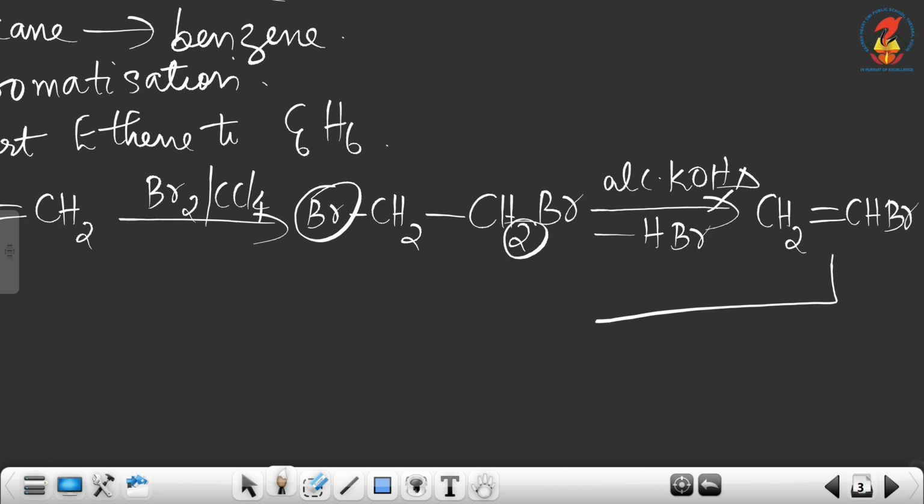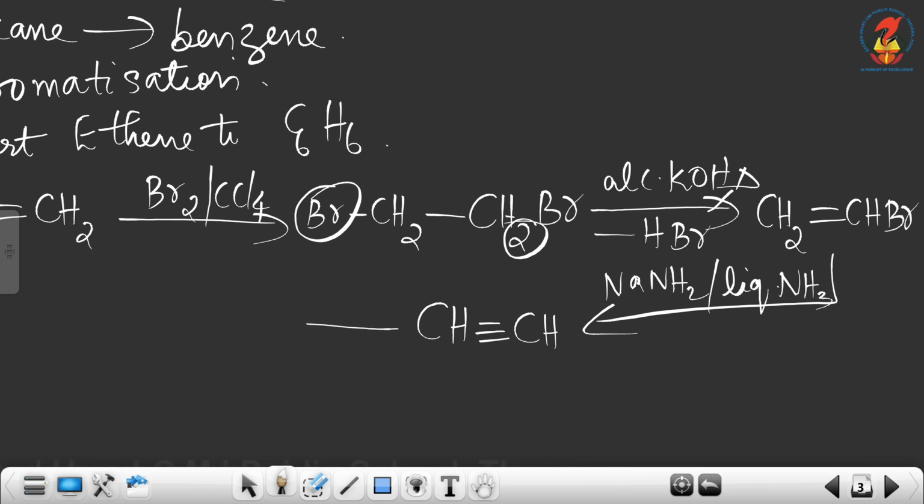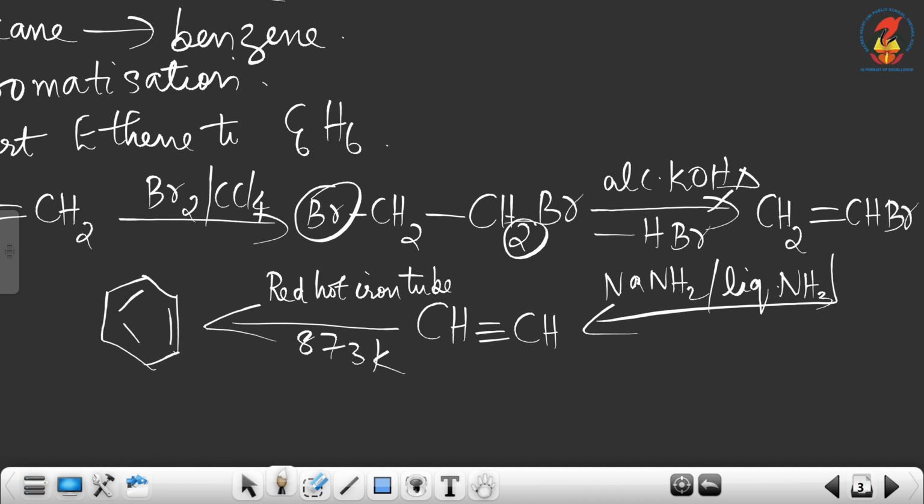Now, next you treat it with sodamide and liquid ammonia. This reaction you have learned under alkenes. To convert this alkene into alkyne, you get ethyne as the product. Now next is cyclic polymerization, which is done using a red hot iron tube at 873 Kelvin, and you get benzene as the product.